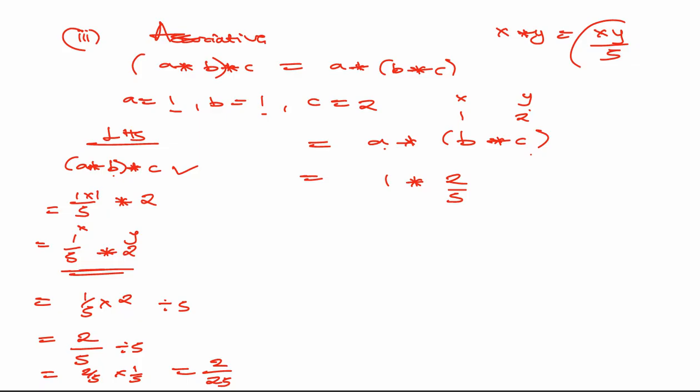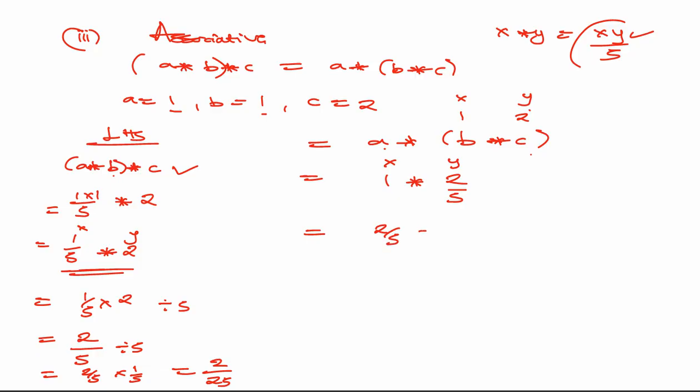Now look at this. On the left we had 1 over 5 star 2. Here we have 1 star 2 over 5. So we have to do this also. Now this becomes x and this becomes y. We replace this in the expression. We get 1 times this, we get 2 over 5.